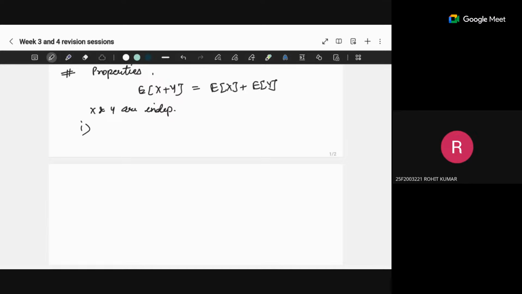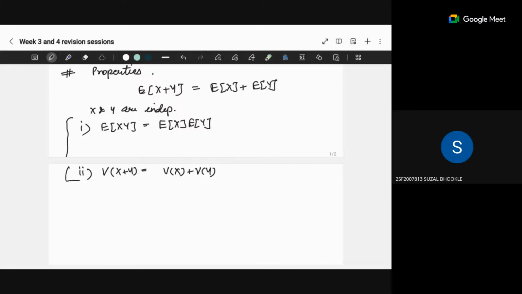Then the first thing is the expectation of x into y will be equal to expectation of x into expectation of y. And the second thing is the variance of x plus y will be equal to variance of x plus variance of y. So these are the two important things that we learned if x and y are independent. Fine?